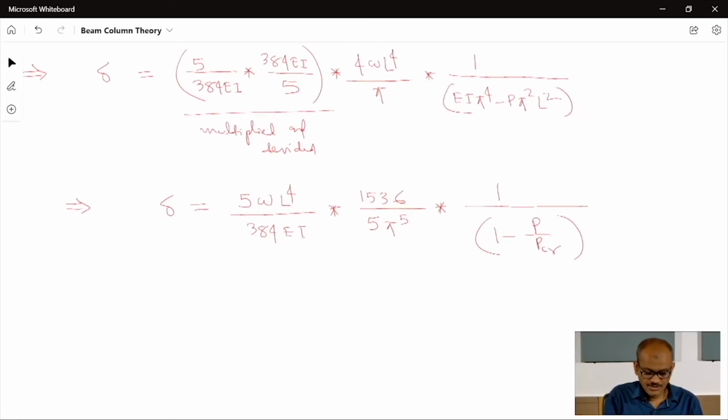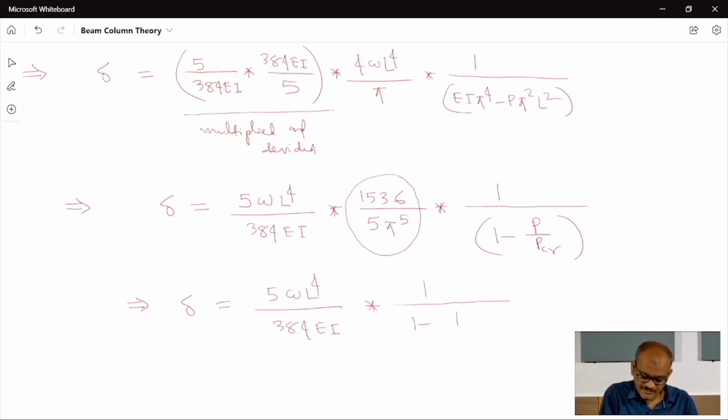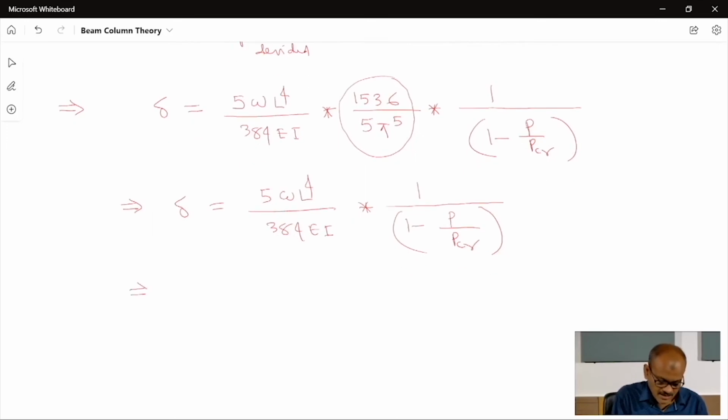So this delta is 5 L to the power 4th by 384 EI, and this value becomes 1, multiplied by 1 divided by 1 minus P by PCR. So you can write delta equals delta naught multiplied by 1 by 1 minus P by PCR.